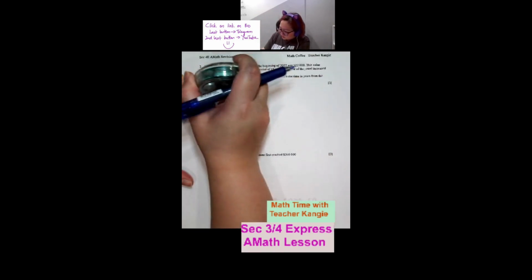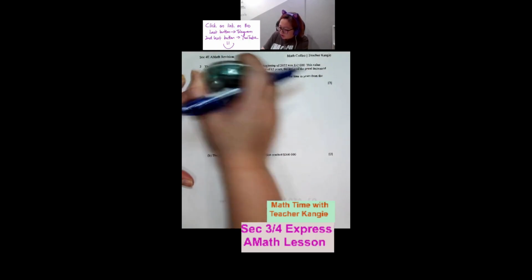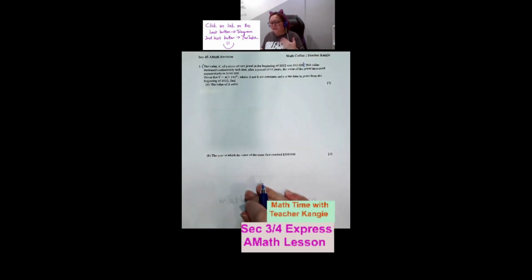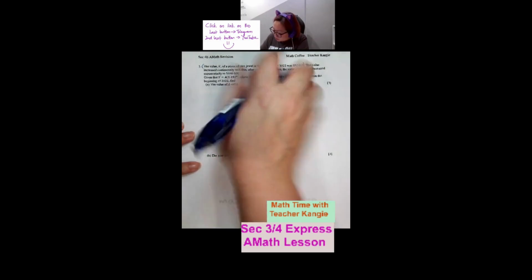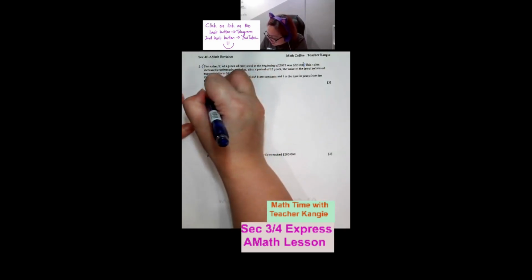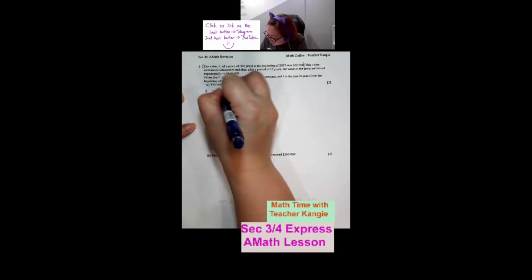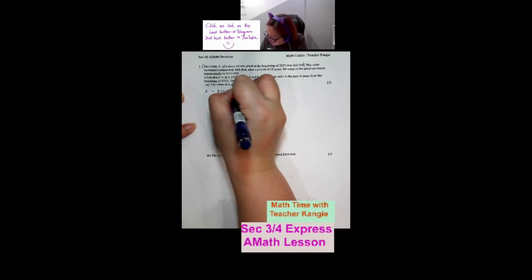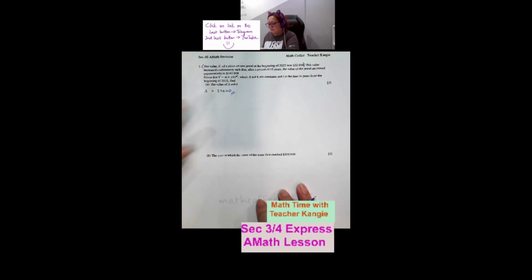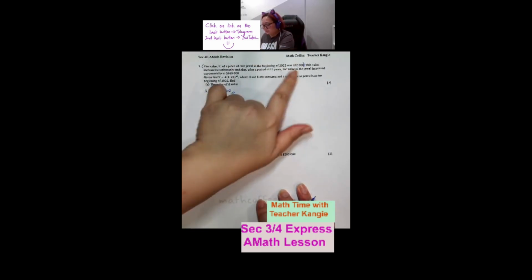Sorry, this one cannot substitute T equals to 0 because the formula itself did not have the 32,000. But the first sentence already tells us the information because they say the value starts at 32,000. So my A is straight away 32,000. This one no need working because they already tell us the starting A is 32,000.